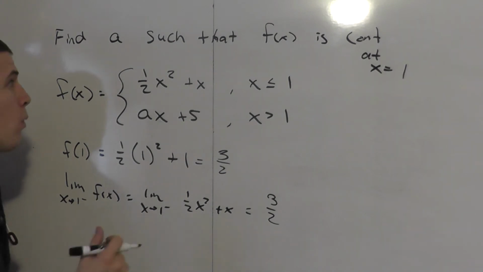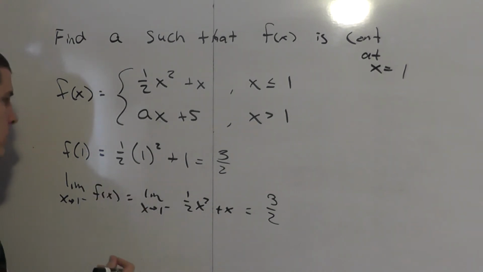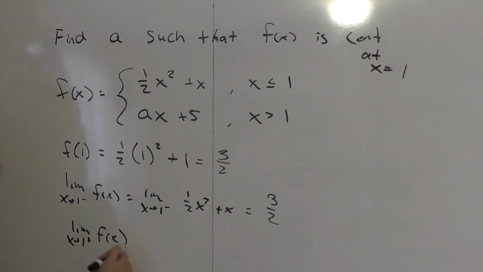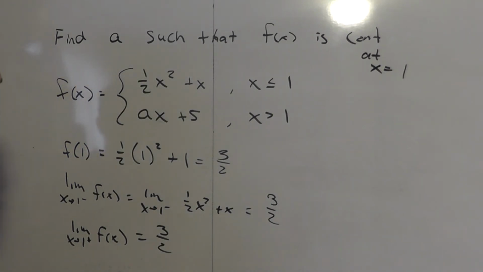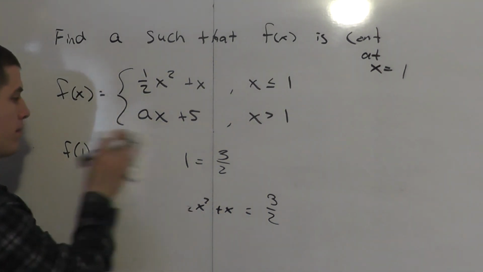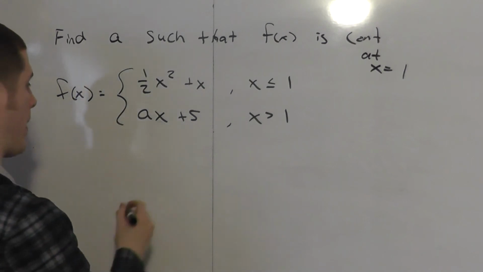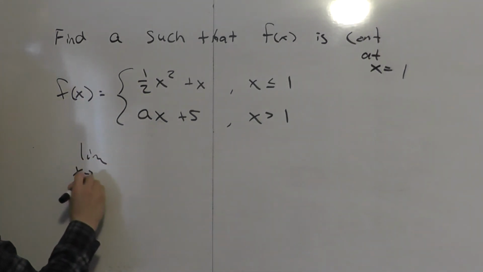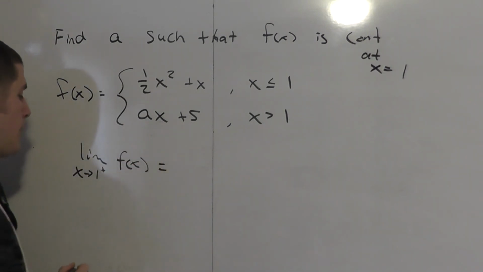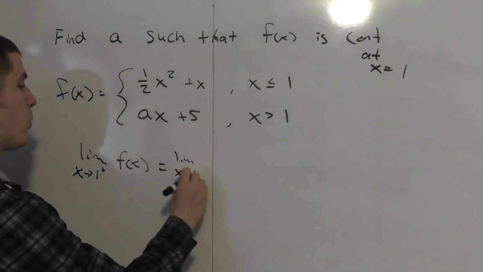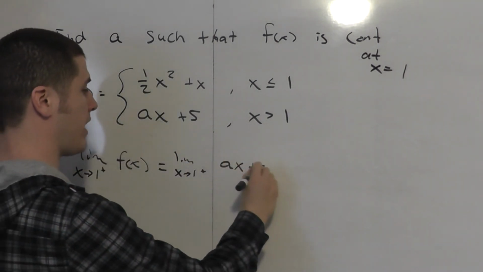Now we're going to force the limit as x goes to 1 from the right to be equal to 3/2. So we set the limit as x goes to 1 from the right of f of x equal to 3/2. The limit as x goes to 1 from the right of f of x is equal to the limit as x goes to 1 from the right of ax plus 5.